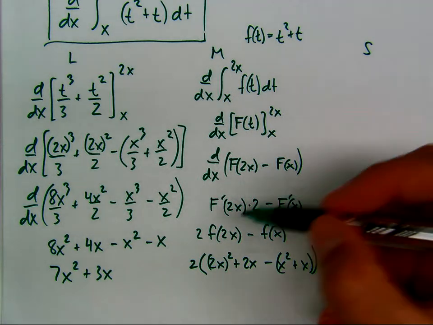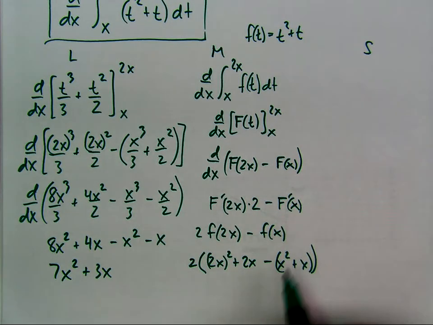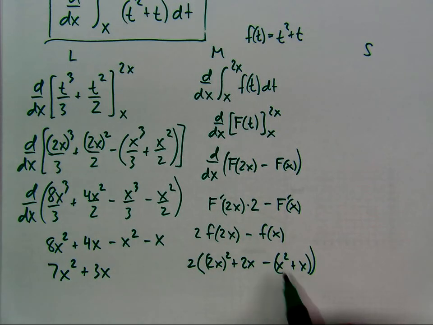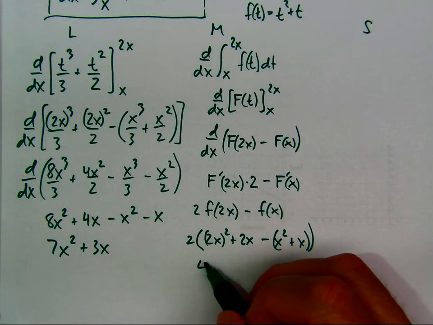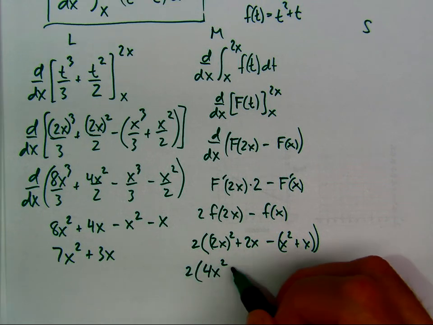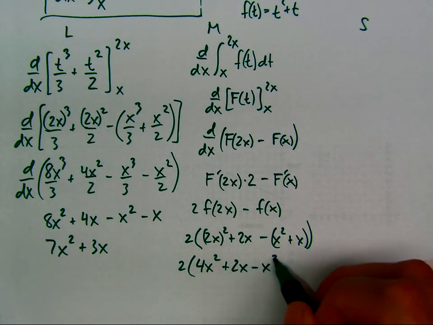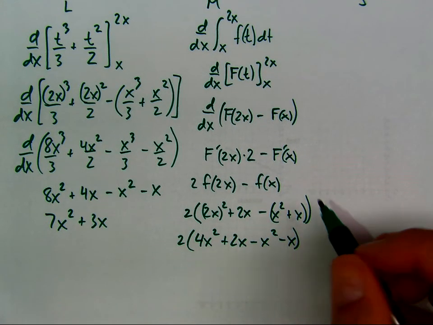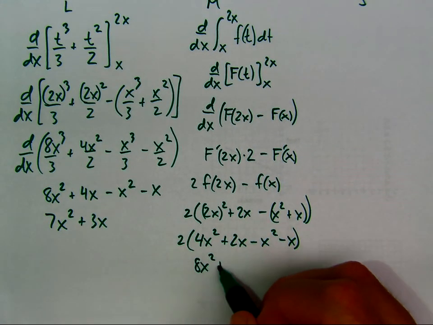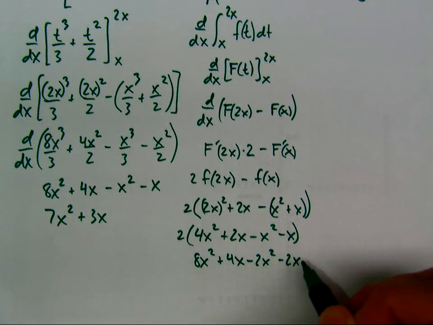We're putting 2x into the t and x into the t, and we have this. So 4x squared plus 2x minus x squared minus x. Multiply everything by 2. 8x squared plus 4x minus 2x squared minus 2x. And combine.